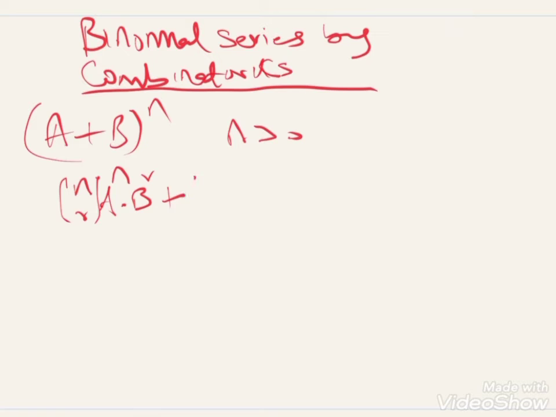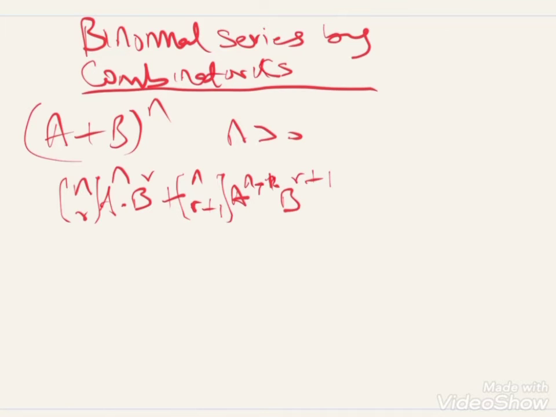Then plus another nC(r+1), because we said that r will be increasing in numbers, times a raised to the power n minus 1, then times b raised to the power r plus 1.